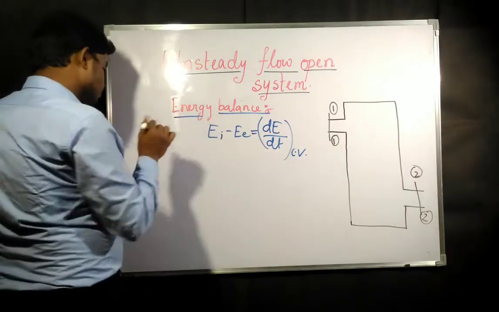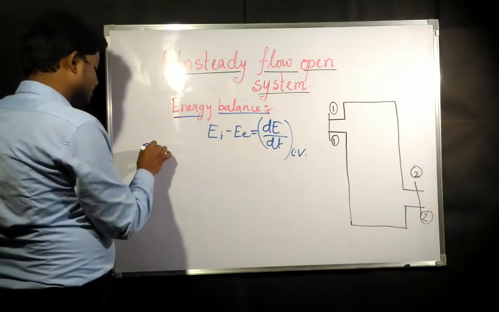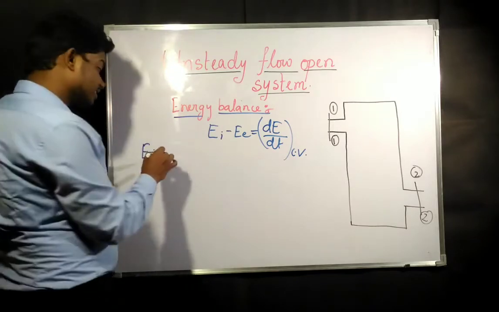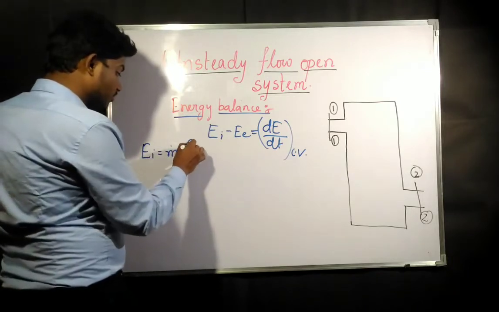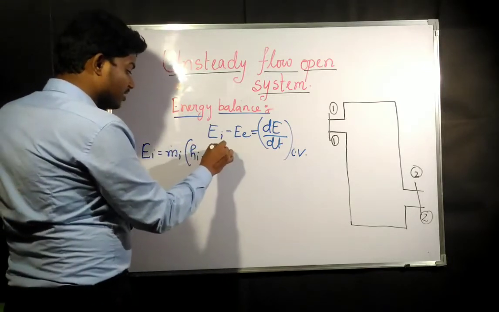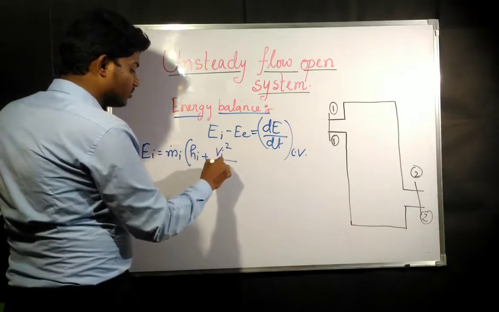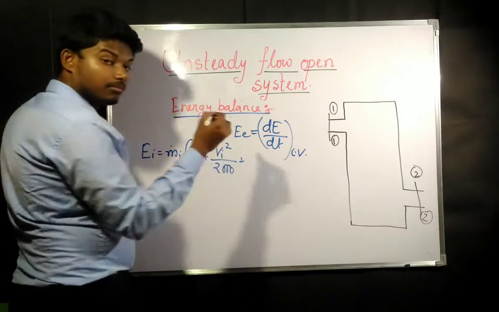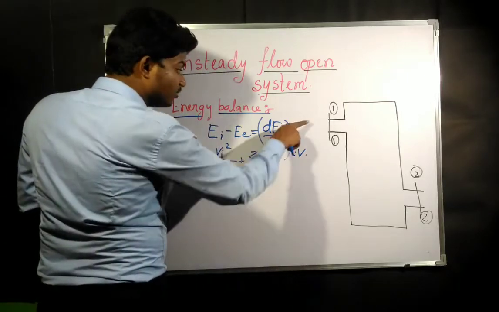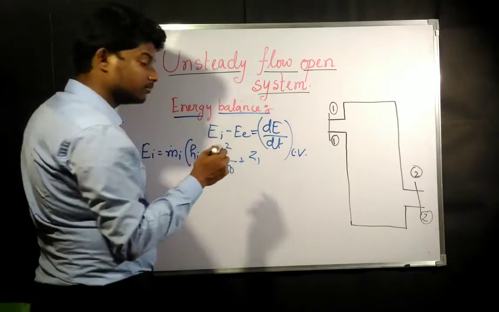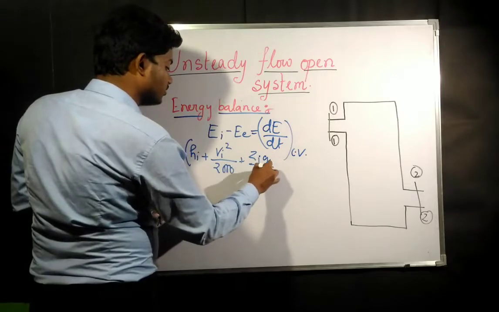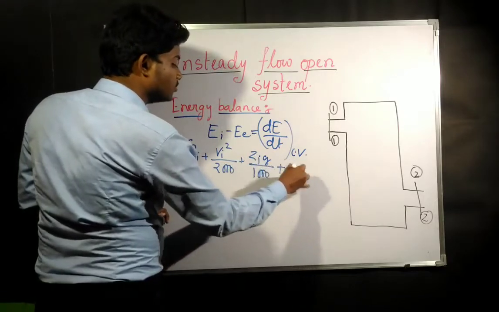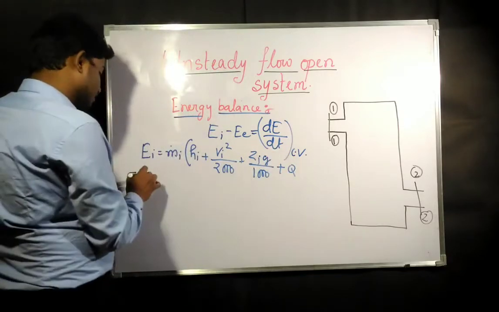Now if you remember, for energy at inlet there was mass flow rate at inlet into enthalpy at inlet plus velocity at inlet square by 2000 plus height of the entrance from the datum, that is z inlet into g by 1000, plus q, the heat transfer.